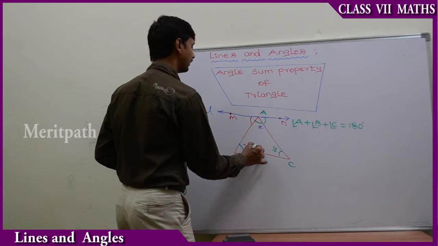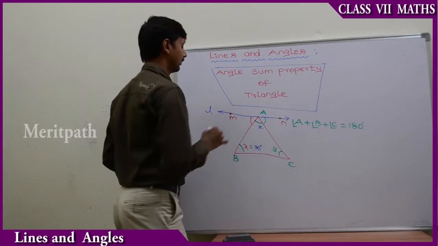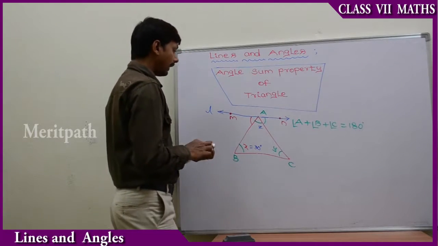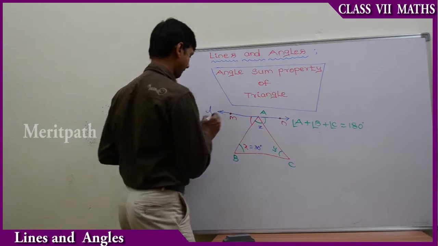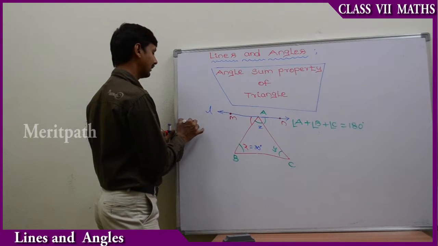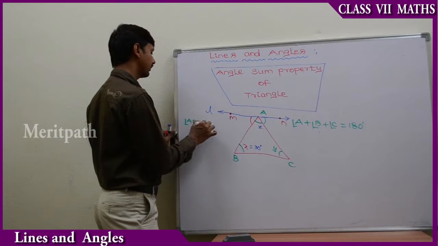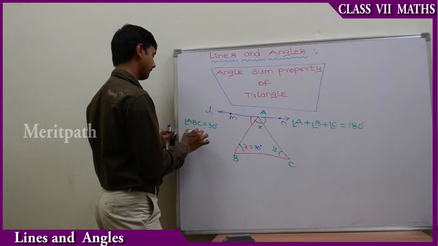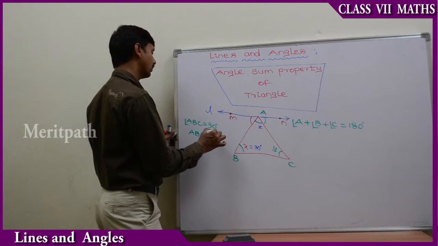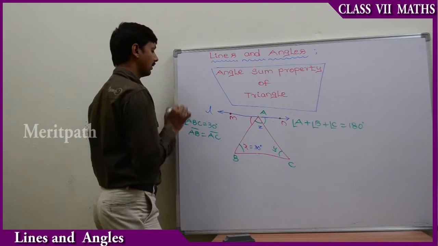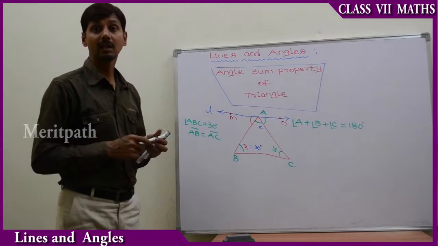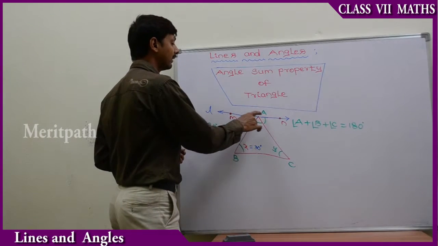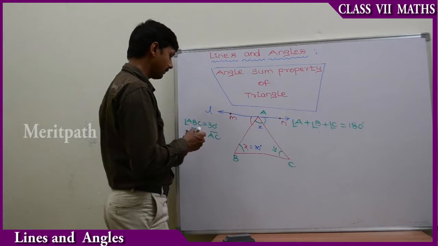If x is equal to 30 degrees, and angle ABC is equal to 30 degrees, and side AB is equal to side AC, angle ABC is 30 degrees, then we need to find all the angles and the exterior angles also, angle NAB.